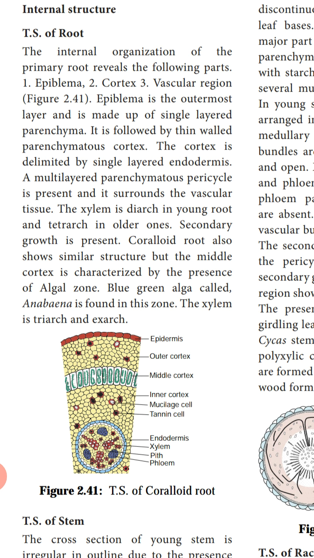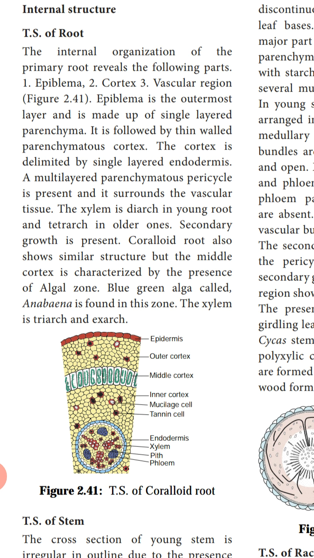Now in these coralloid roots, the number of xylem elements is 3. Within the endodermis you can find the stelar region. The blue color represents the phloem. Then the elongated red structures are the xylem.